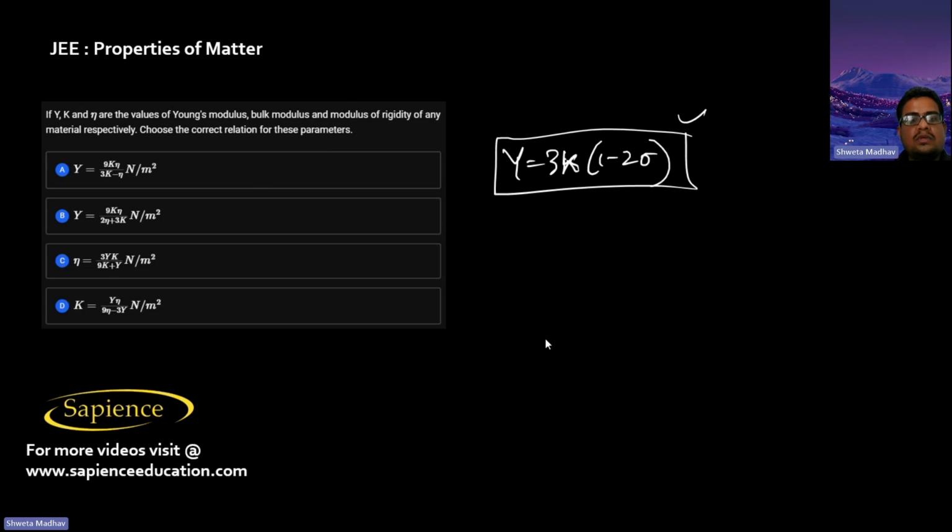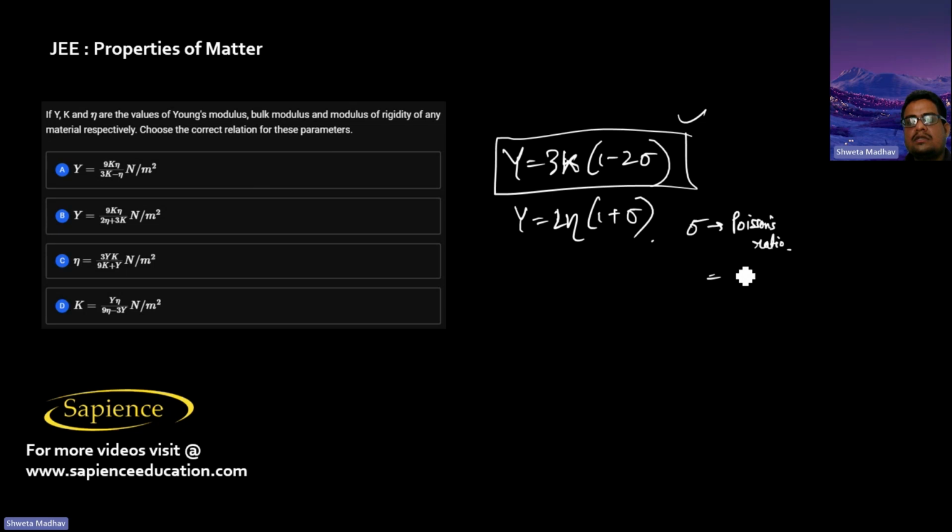Also, Y is equal to 2 eta into 1 plus sigma. But sigma is called the Poisson's ratio.